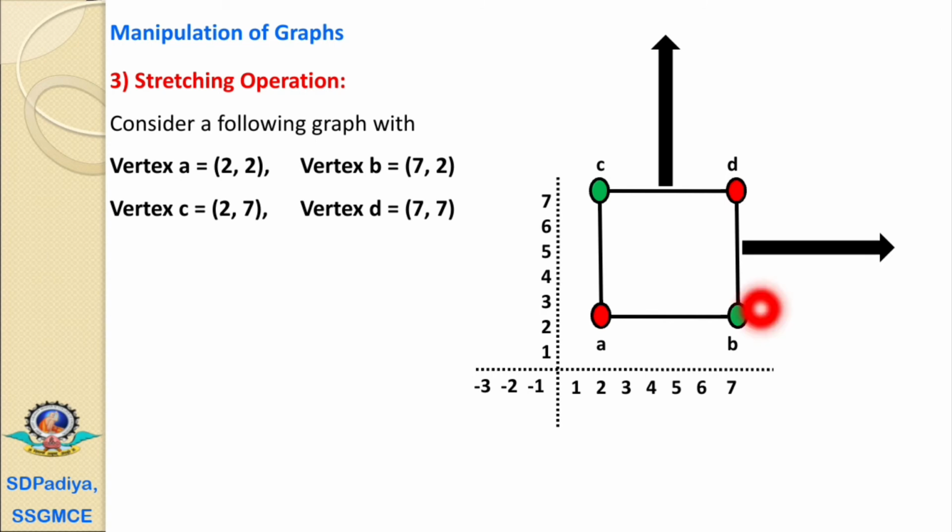Like we have to pick up this D coordinate and then we have to shrink, moving this graph in this way. The point A must remain as it is, but the remaining vertices B, C, D must be changed, and the change must be in proportion.